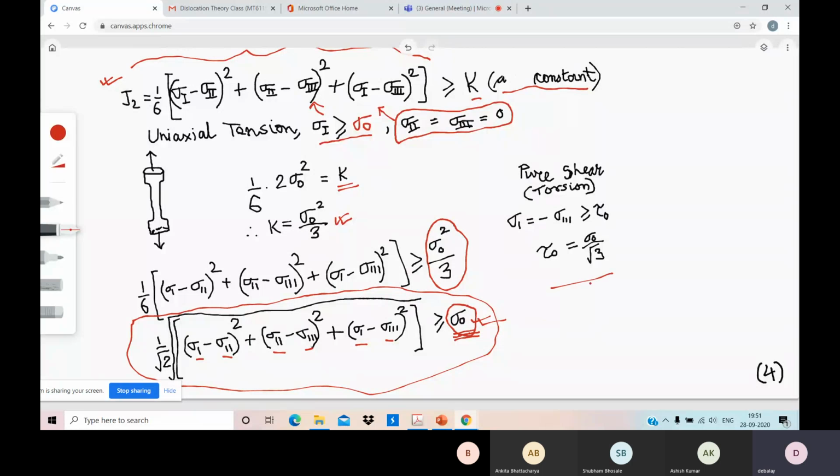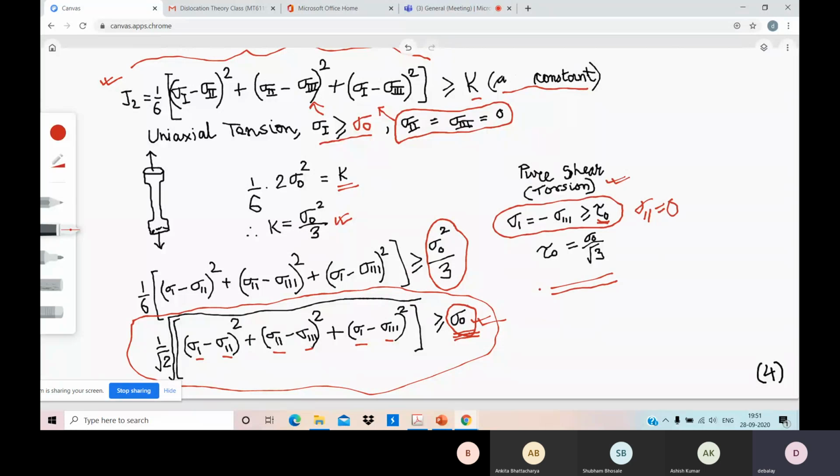In von Mises, what is the relation between yield strength in uniaxial tension and yield strength in pure shear, that is torsion? We know yielding will occur in torsion when sigma 1 equals minus sigma 3 and both of them exceed the shear yield strength tau naught, and sigma 2 equals 0.